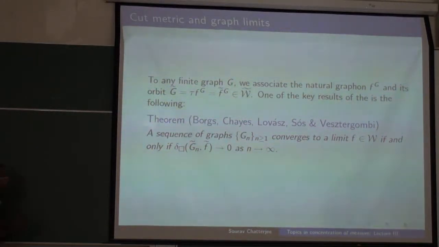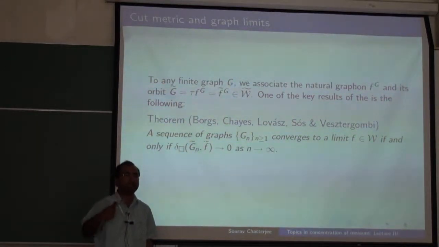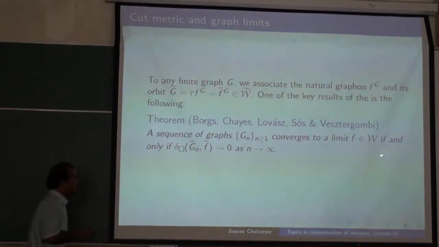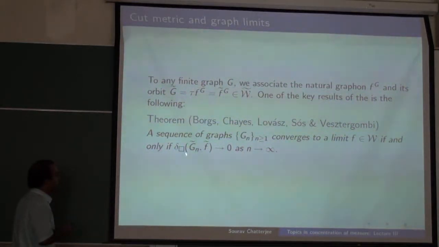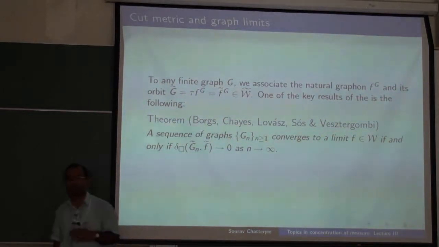Remember that we defined convergence to a function in terms of homomorphism densities: t(H, G_n) converges to t(H, f) for every H. This convergence happens if and only if the images of G_n in this abstract space converge to f tilde in this cut metric. So this is an if and only if relation. The cut metric is just the right metric to topologize convergence of homomorphism densities.